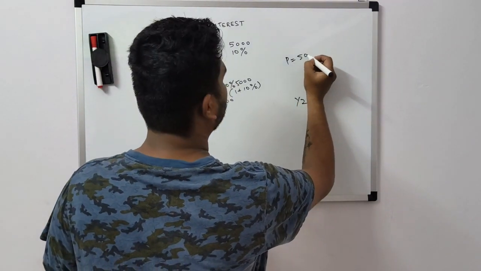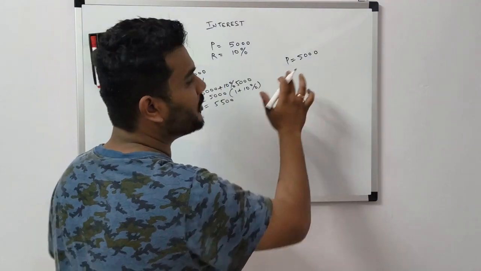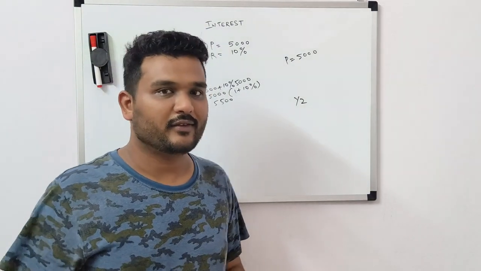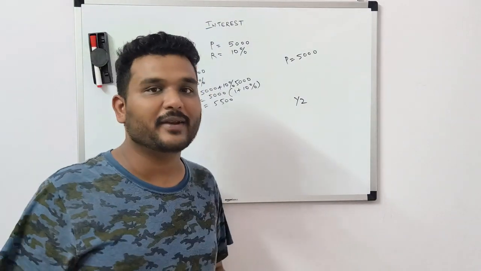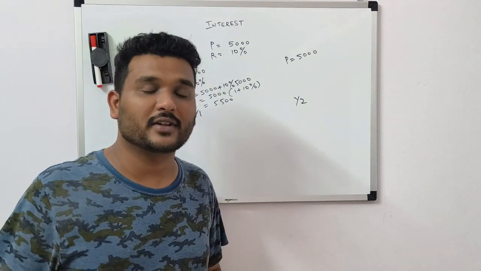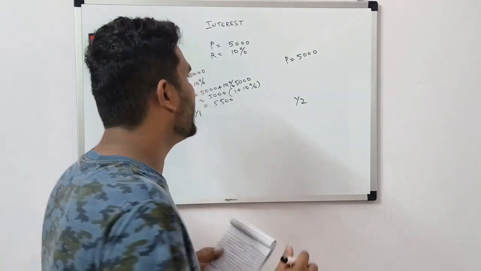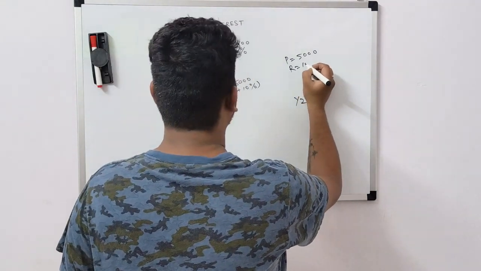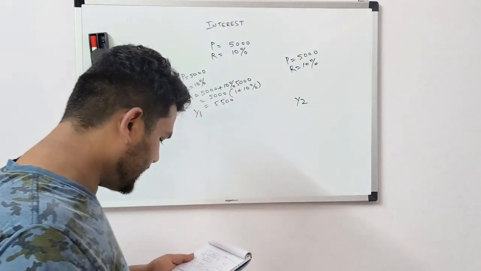Now let's say year 2. Again, the principal is 5,000 because the principal always remains the same. Currently we are discussing simple interest, and in simple interest, the principal always remains the same. The rate is also 10% throughout the years.